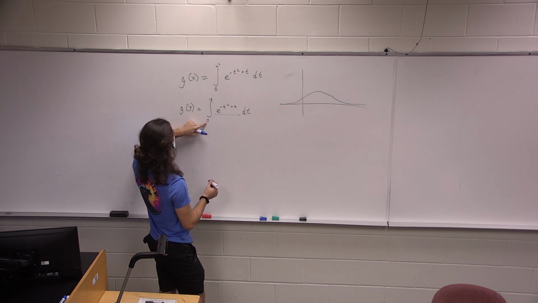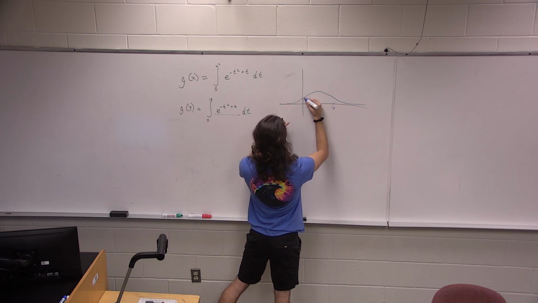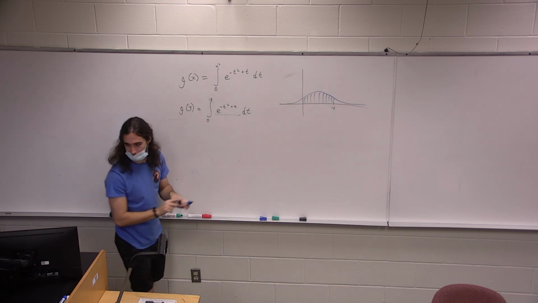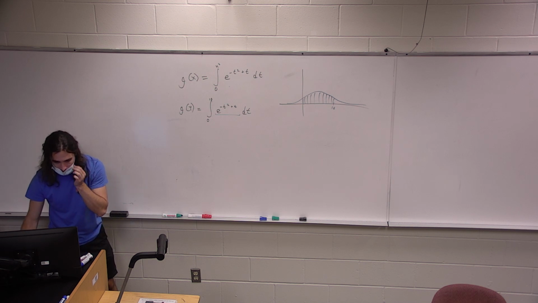So this is saying the integral from 0 to 16, so take the area under the curve between there and there. Let me ask the computer what that total amount of area is.